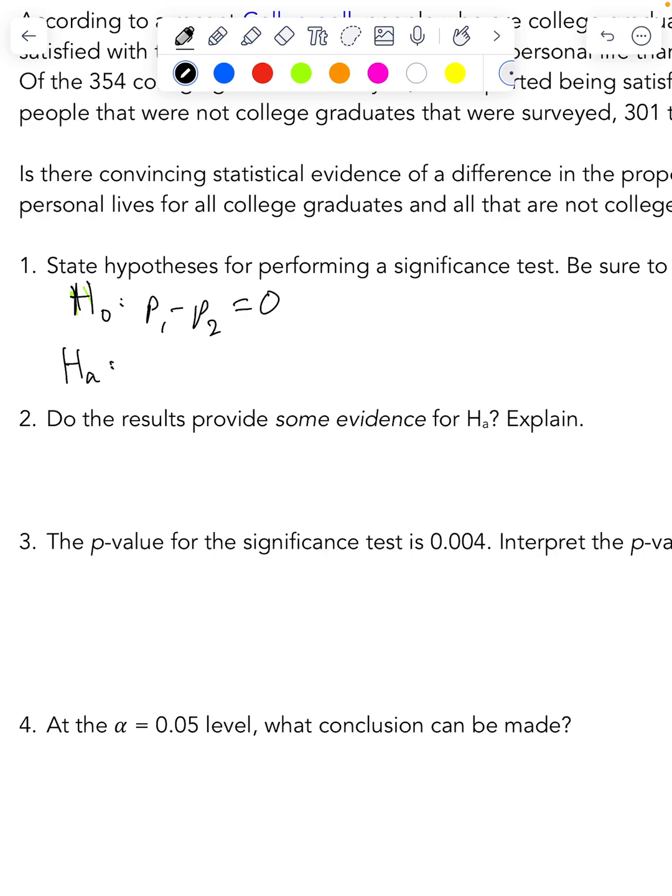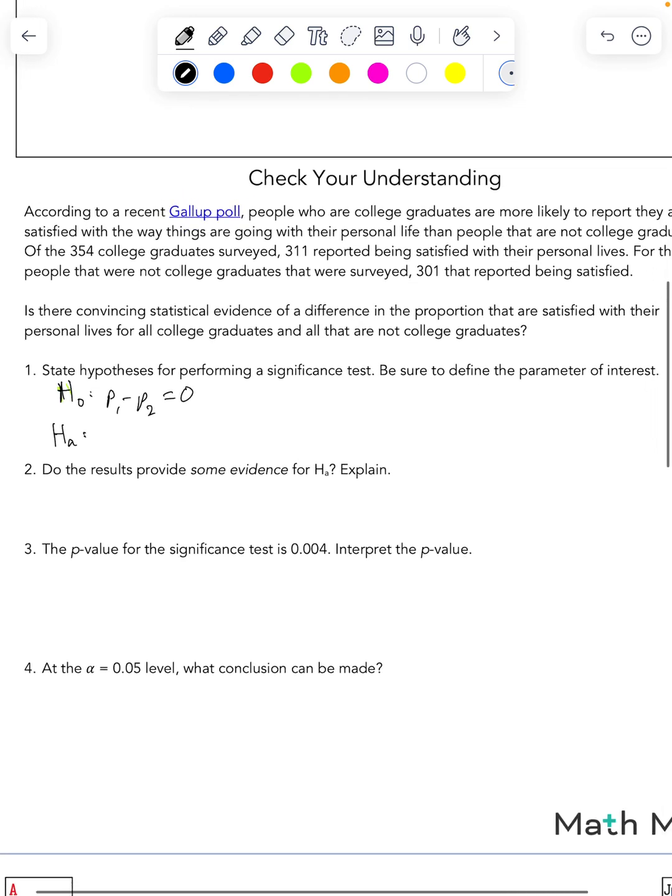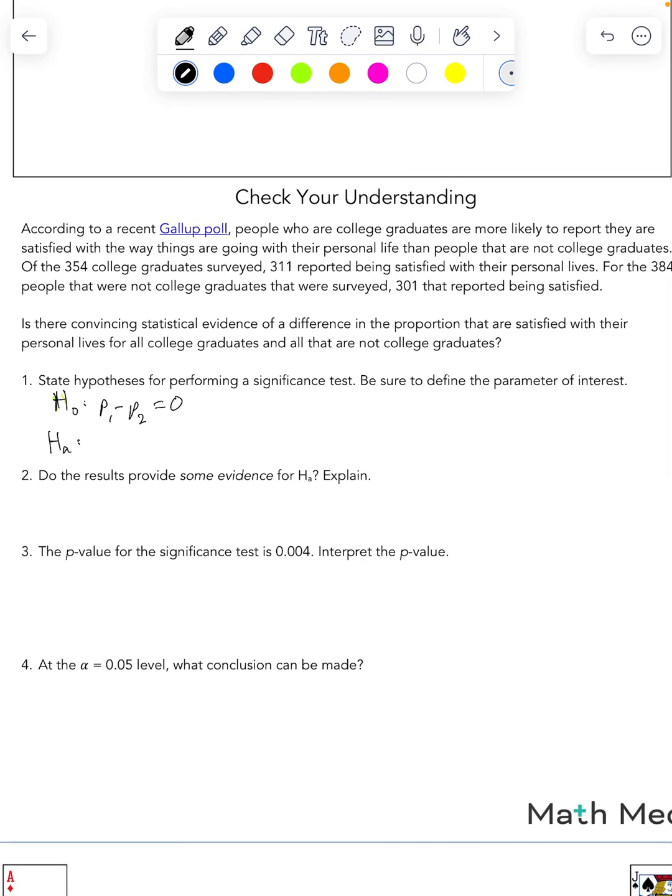And I want to see which way we want to go. It says, is there convincing evidence of a difference? When they say difference, I don't care if it's bigger or smaller. I just want to know if they're different. So this is a two-sided test. P1 minus P2 is not equal to 0.